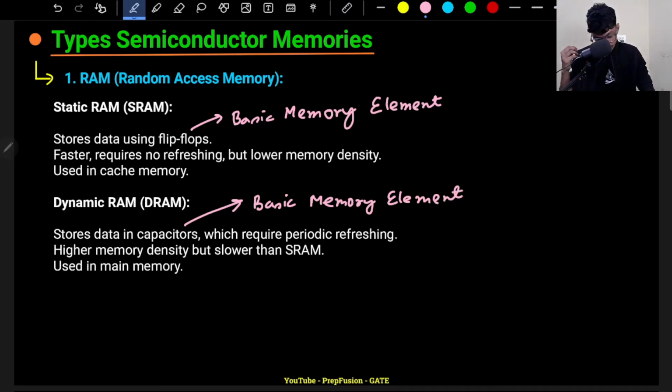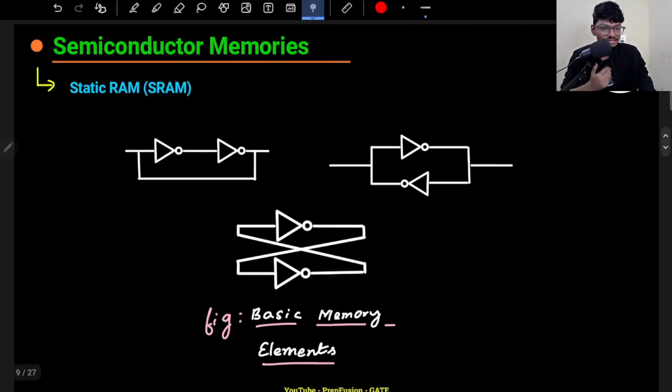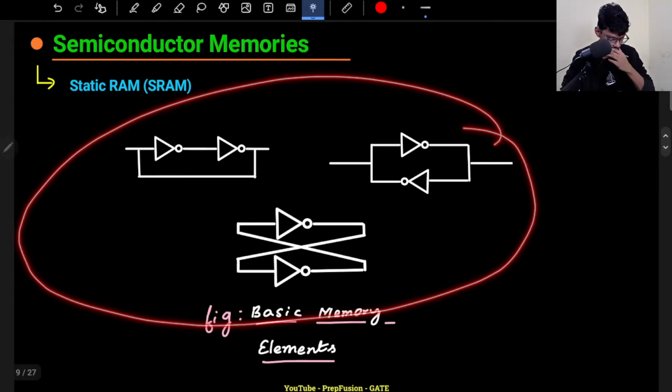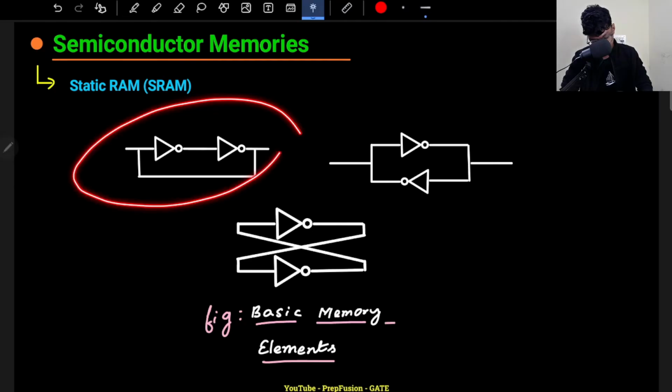Now I will discuss static RAM. If you have studied digital electronics, that's great. If you haven't, you have to revise the latches part. These are the basic memory elements for static RAM. Now we will implement this with MOSFETs. The basic building blocks are this only.